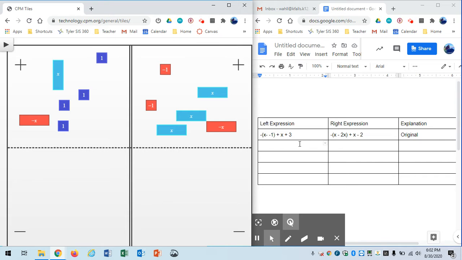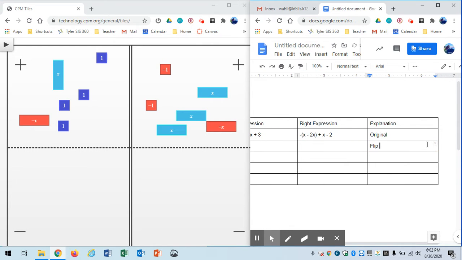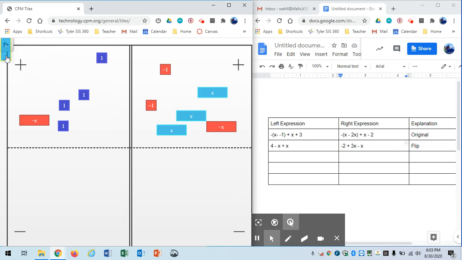I need to write down the expression that's done, and my explanation is going to be flip. My next step is going to be making zeros. So anywhere where I see a positive and a negative on the same side, I can make a zero pair out of those. So that's where you'll take your scribble tool and just circle them.